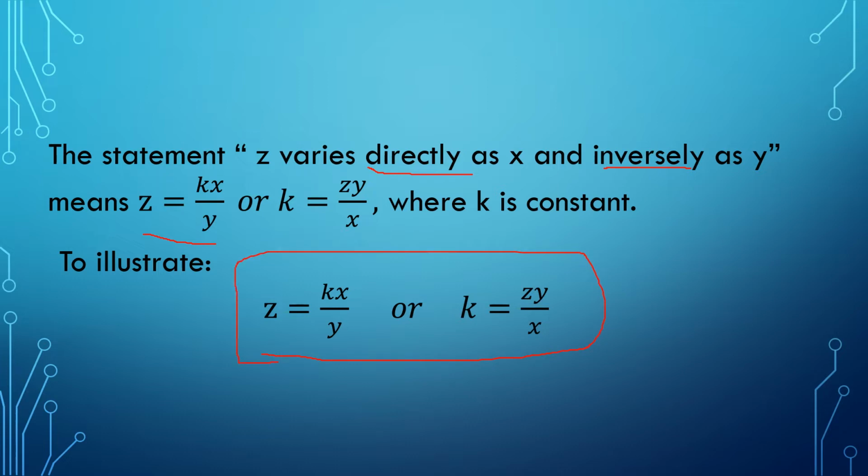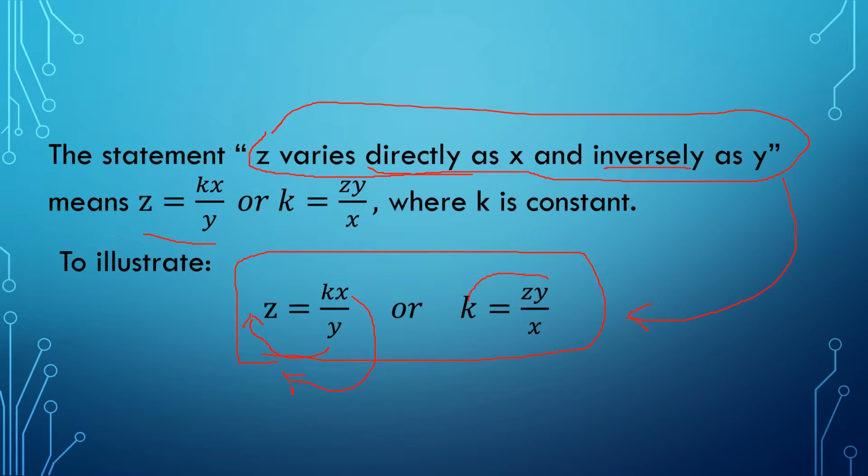Okay? So, from the statement, we now come up to this. So, we have z is equals to kx, so yan yung direct variation, then over y, yan yung inverse variation. So kung isosolve mo yung value ng k, etong y, i-multiply mo lang to sa z, tapos itong x, i-divide mo sa kanilang dalawa.